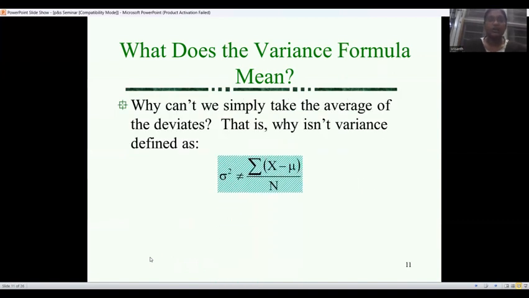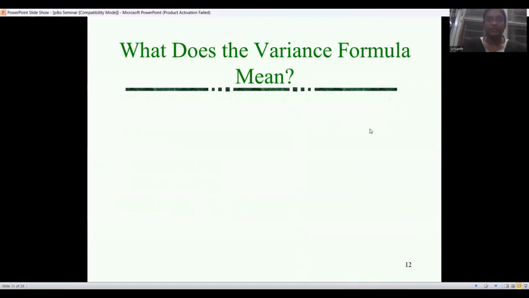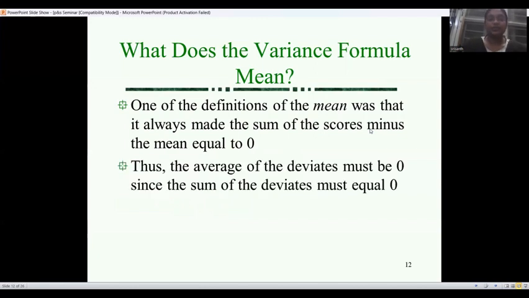Why can't we simply take the average of the deviations? That is why variance is not defined that way. This is not the formula of variance. One of the definitions of the mean was that it always made the sum of the scores minus the mean equal to 0.